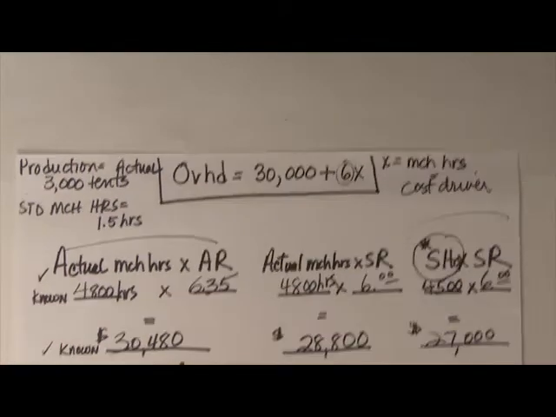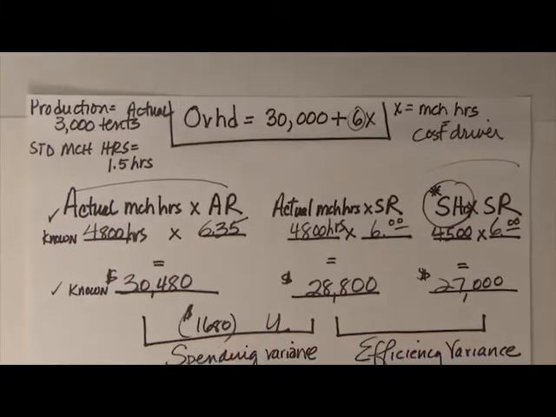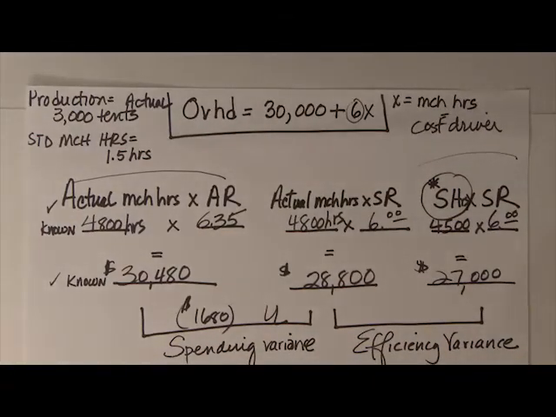Now let's talk about what that could mean. And we'll use our security guards' wages as an example. An unfavorable variance here could mean that perhaps the security guard, again, just as one example, maybe he's making more per hour than we budgeted or we planned. Maybe he's gotten a recent raise. Another explanation for the spending variance would be that we simply have to use him more hours than we planned.